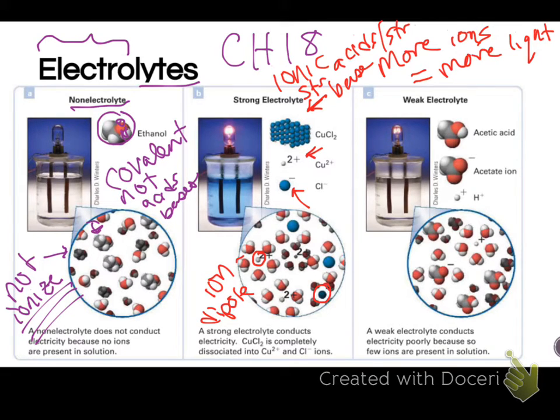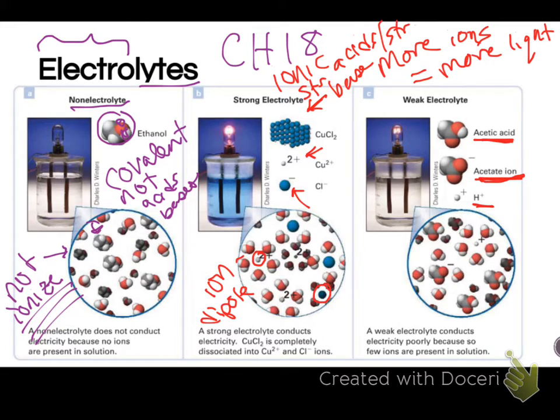Weak electrolytes are things that when you put them in water, occasionally form an ion. Like acetic acid, for example, we saw it as a weak electrolyte. It's not as bright as the copper chloride. What that tells us is that when you put acetic acid in water, some of it stays as acetic acid, and a relatively small amount transforms into acetate and hydrogen ion.